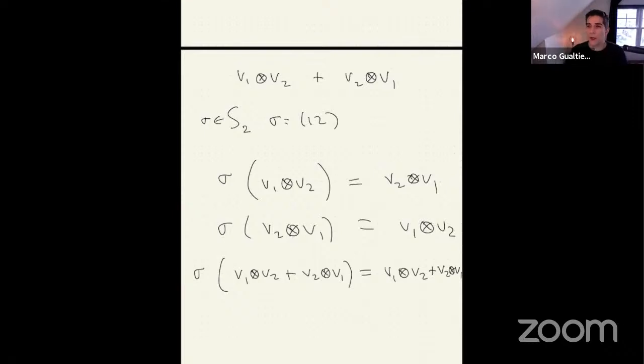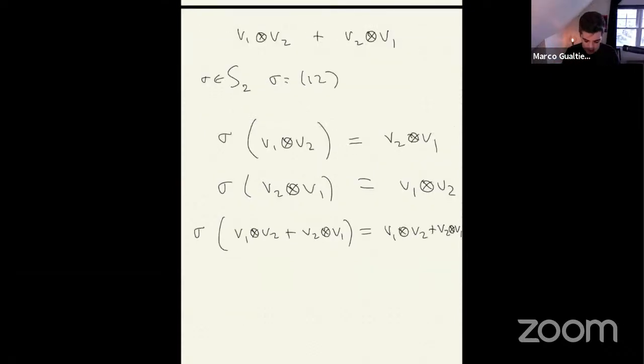So that's the amazing thing that happens when you take tensor products of V with itself: you have a symmetric group, a permutation group, that's acting on the vectors, and we can look for those vectors which are invariant. They're not affected by these permutations because they're perfectly symmetric.